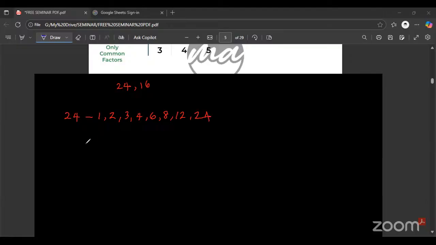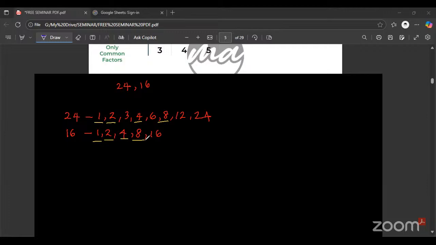Now for 16? 1, 2, 4, 8, and 16. Okay, now after finding this, what's common in both the numbers? 1 and 1 is common, 2 and 2 is common, 4 and 4 is common, and 8 and 8 is common.